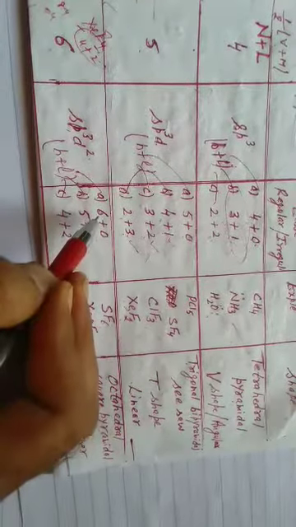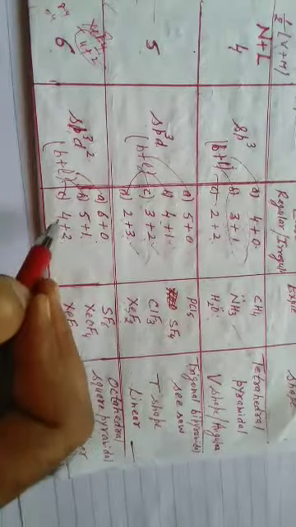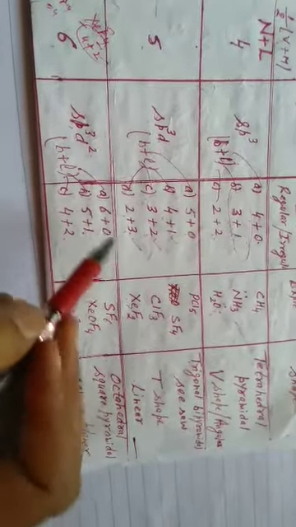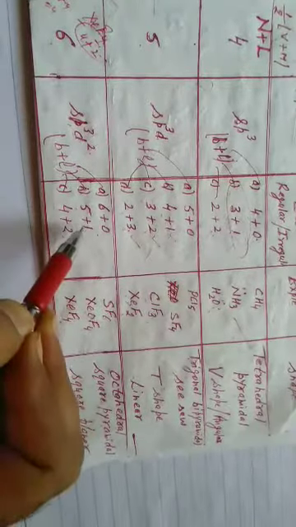Now again, the first case may be 6 plus 0 for a regular molecule, the second may be 5 plus 1 and the third may be 4 plus 2. 6 plus 0 octahedral, 5 plus 1 square pyramidal, and the third one, 4 plus 2, that is square planar shape. And these are the examples. Now we are going to detect the shapes of these compounds.